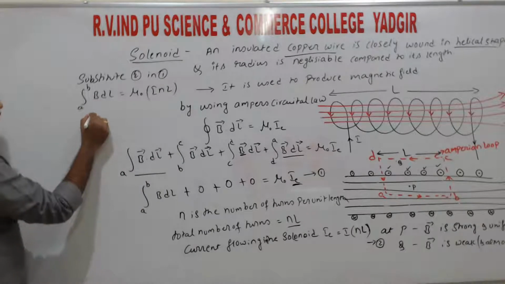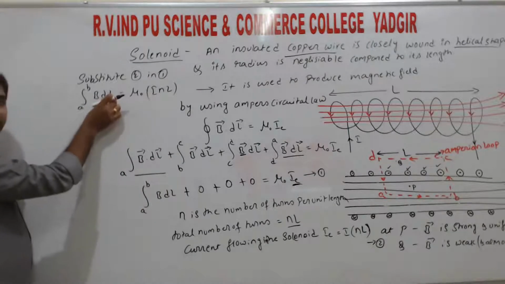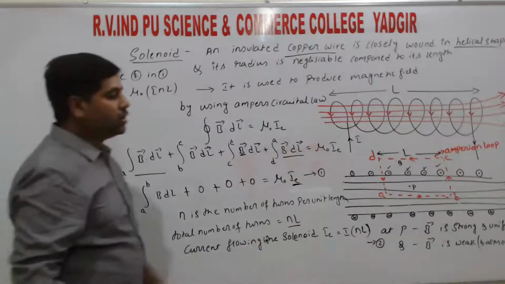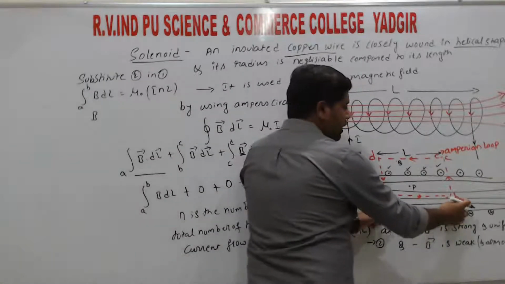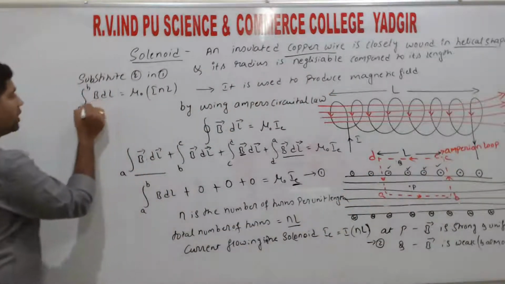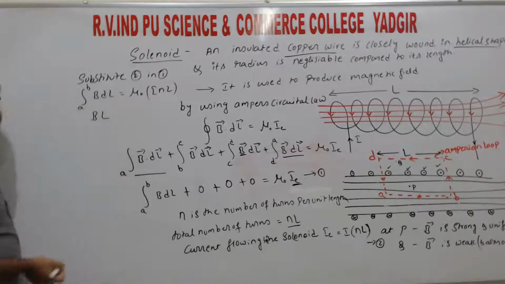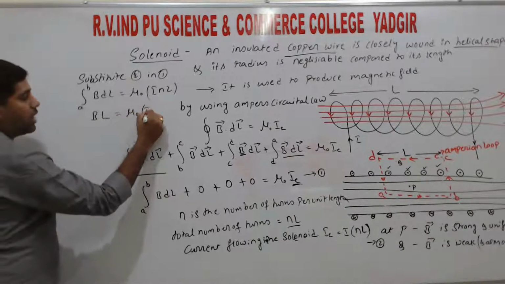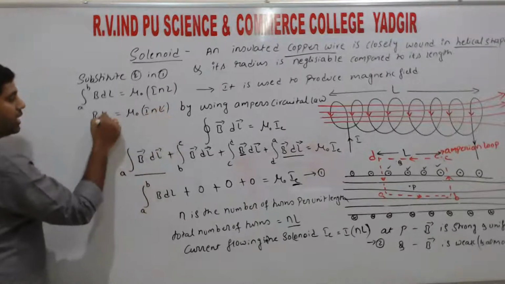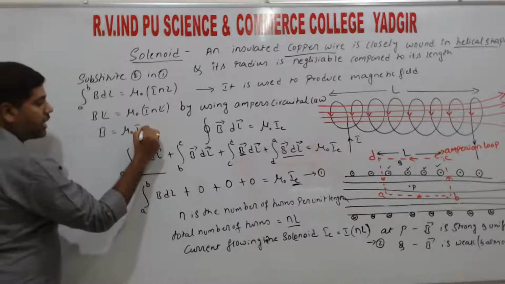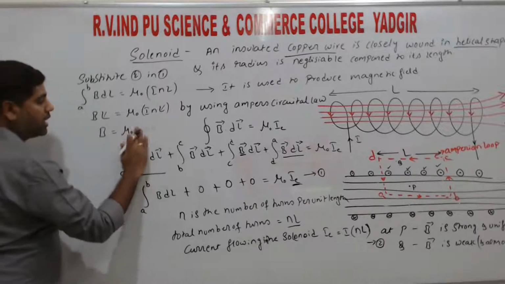B is constant, we can take it outside. Integration of dl is L, where L is the limit from A to B, the length from A to B, which is equal to C to D. So directly we can write the integration of dl as L, that is equals to mu naught I n L. So L gets cancelled. So the magnetic field B is equals to mu naught n I.